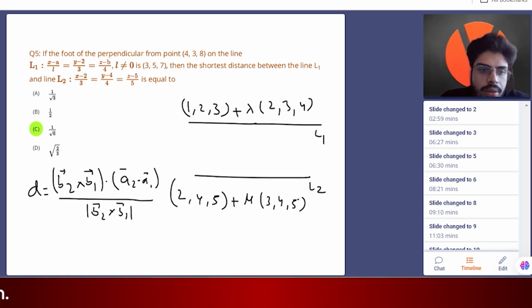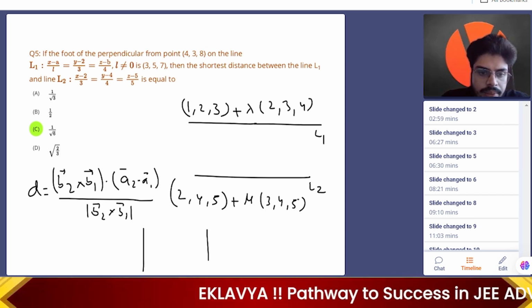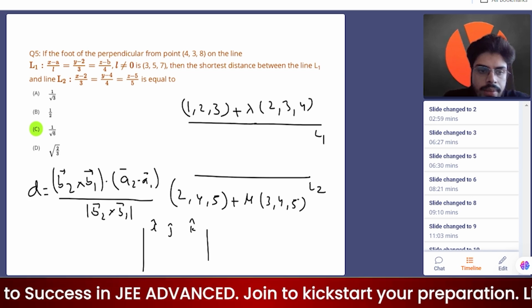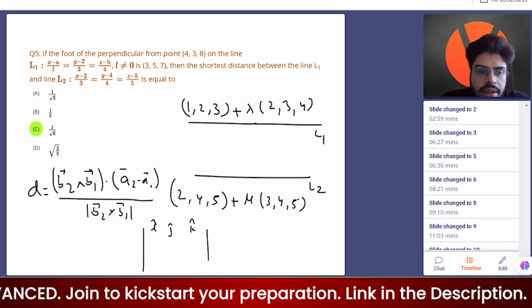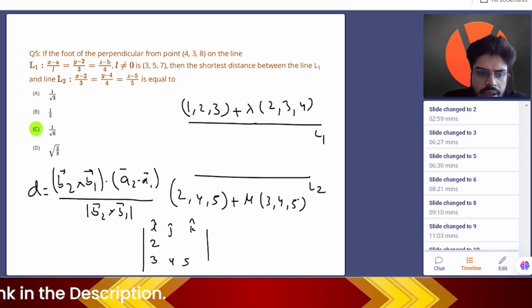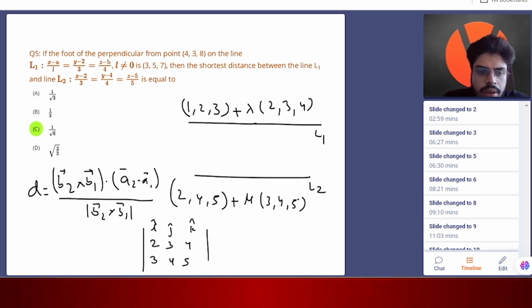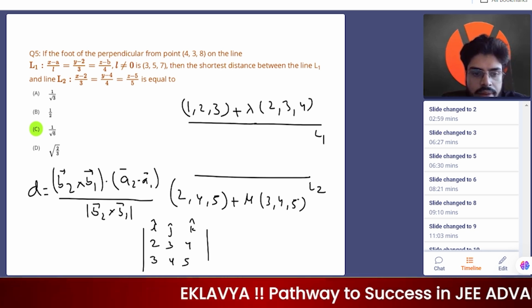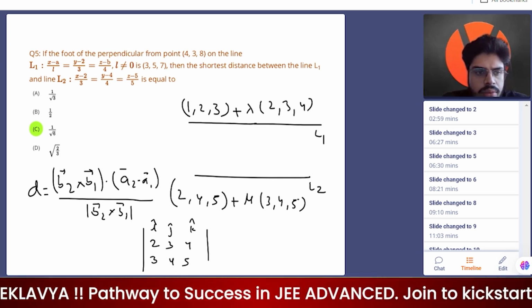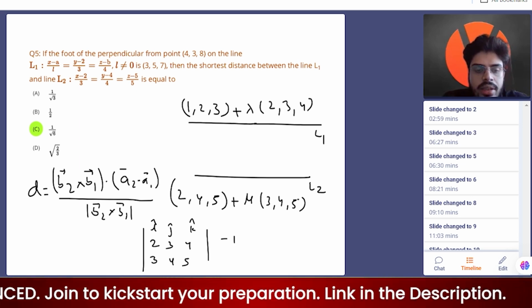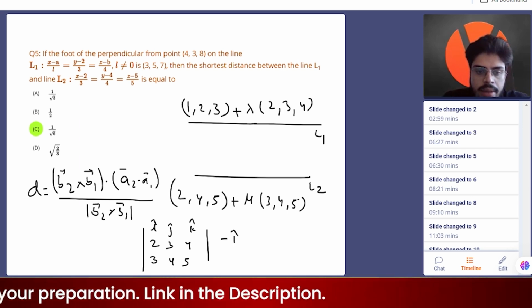Okay, so B2 cross B1 we can find with the help of a determinant. I have here i, j, k, and B2 you can write as 3, 4, 5, and B1 as 2, 3, 4. So how much am I getting? The i cap is negative 2, 4 times 4 is 16, 3 times 3 is 15, 16 minus 15, so minus 1: minus i cap.